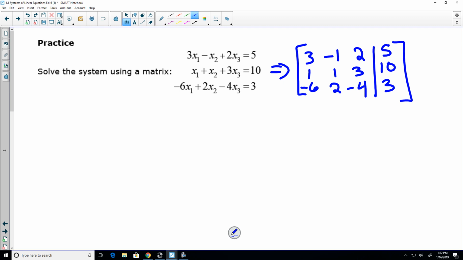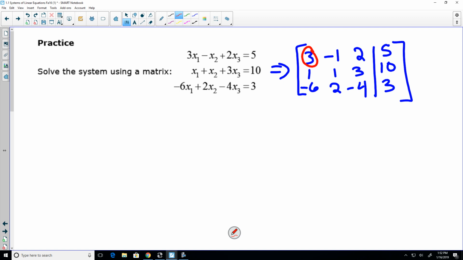Okay, so here's where we're going to start. We want to make this top left entry a 1. And we can use those 3 row operations. So I can switch 2 rows, I can multiply by a constant or divide by a constant, and I can take a multiple of one row and add it to another.